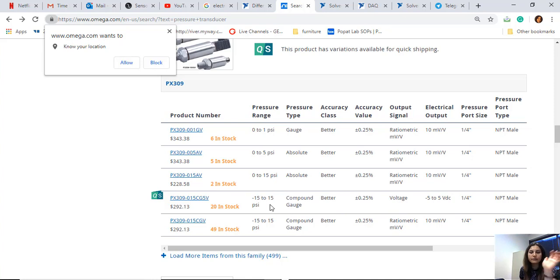So just look at whatever sensor that you have in your lab or you have purchased, and look at the information on their website, and see what range they read of whatever thing they are reading, and what is it in terms of the voltage or current. And this is really important.